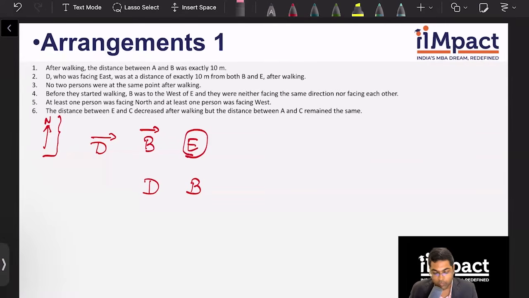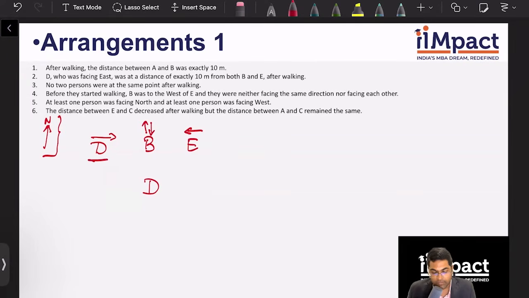So what I know from this is that the only way this can work out is if B moves either north or south and E is moving towards the west, coming towards D. Correct?